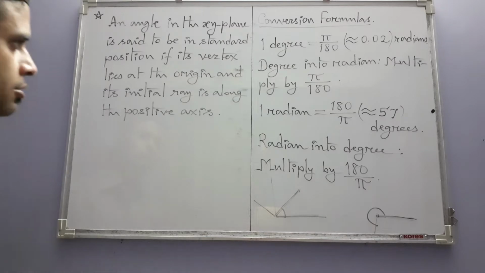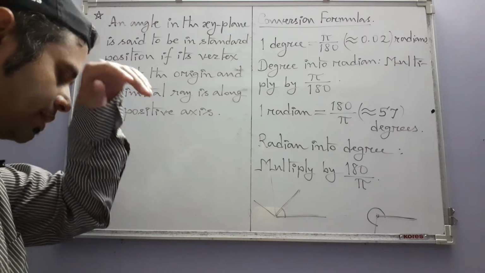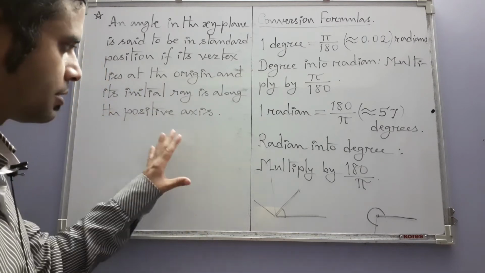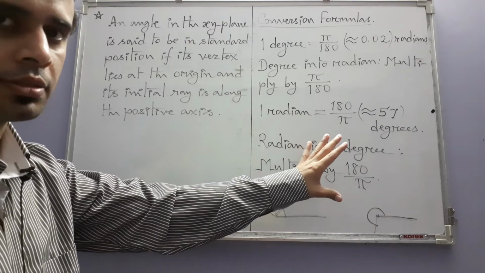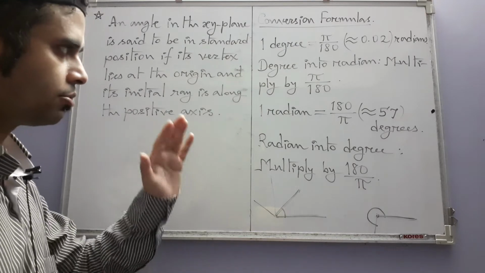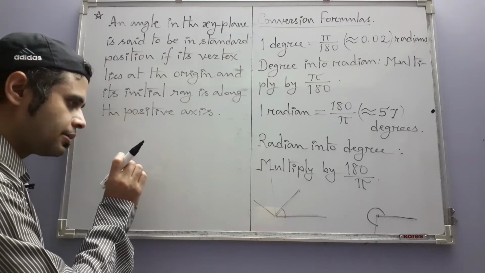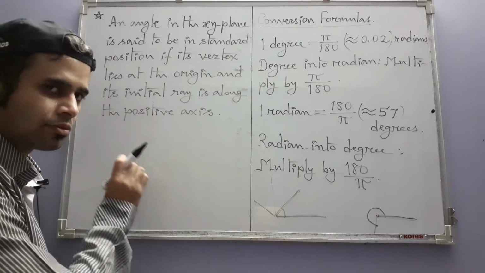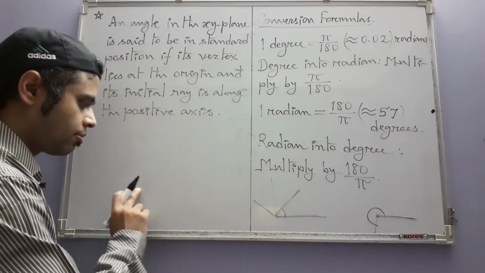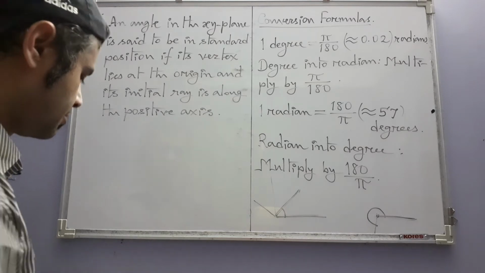So to have that uniformity, we have decided to place the angles in the plane. Once we have chosen a coordinate system by putting x and y axis, we have decided to draw all angles in such a way that their vertices coincide with the origin of our coordinate system, and where the initial lines are all positive x-axis, all coincide with the positive x-axis.